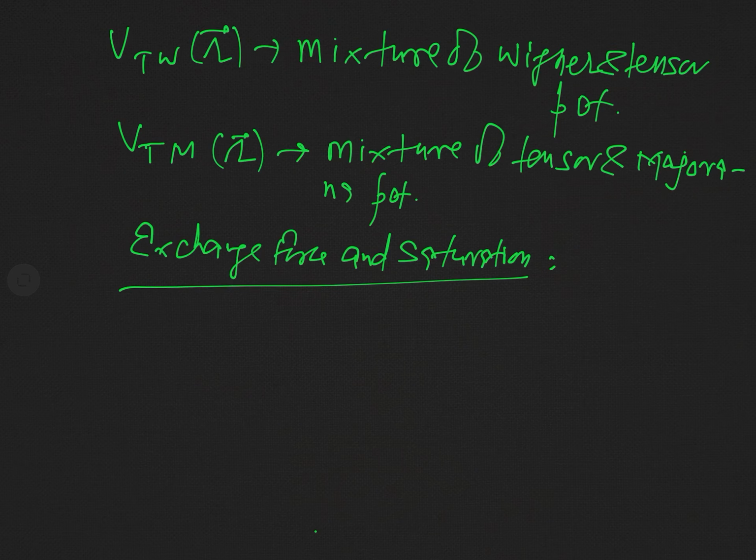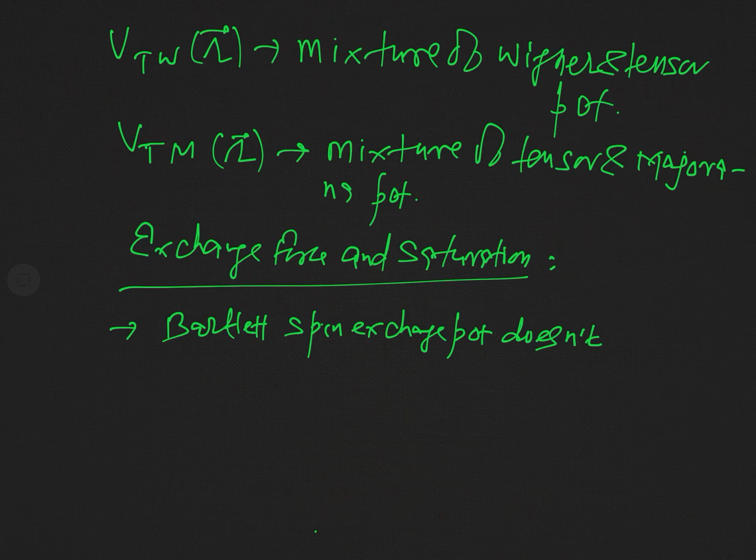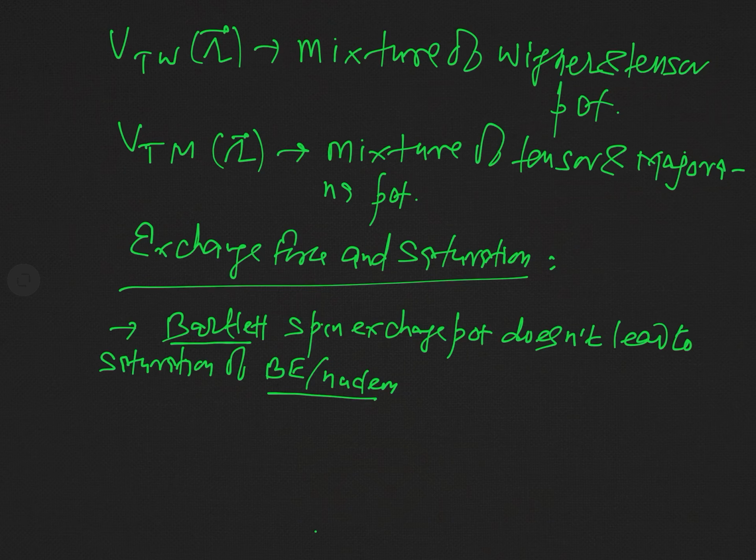So the most remarkable fact is that the Bartlett spin exchange potential does not lead to saturation of binding energy per nucleon, because if we want to explain the saturated value of binding energy per nucleon, which is almost 8 mega electron volt per nucleon, we cannot succeed.